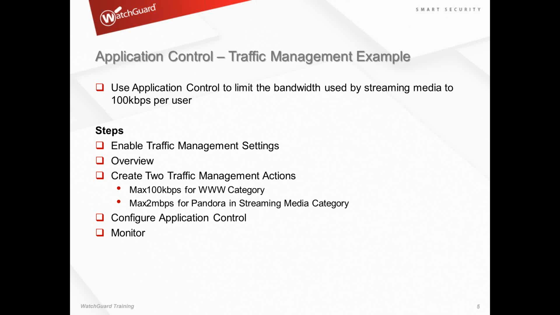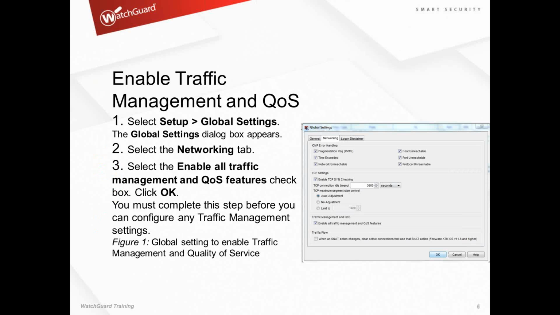So we're going to take a max of 100 kilobits per second for the World Wide Web category, just general surfing, and then a max of 2 megabits per second for Pandora in the streaming media category. Then we're going to configure that, apply those configurations, and end up monitoring those as well.